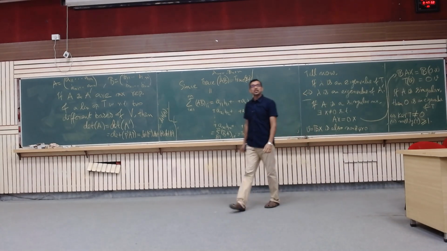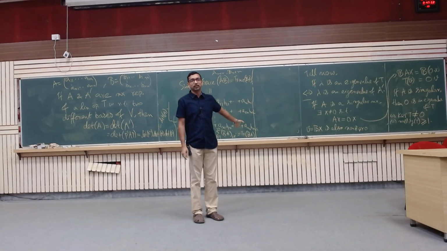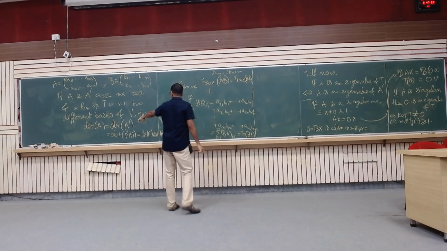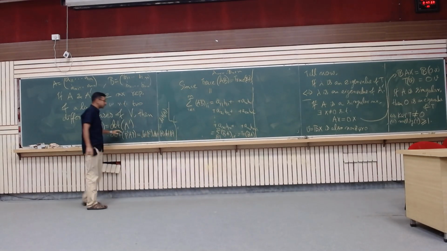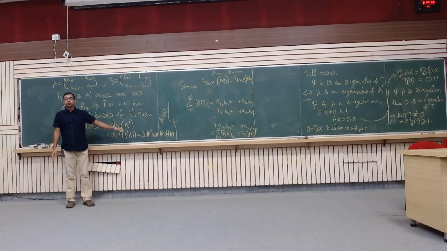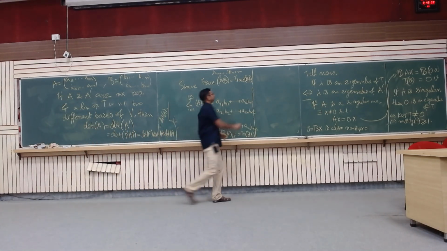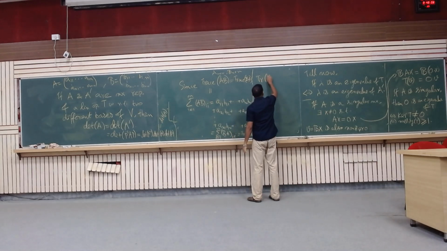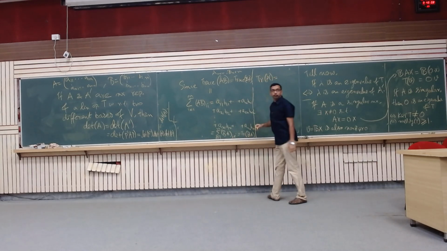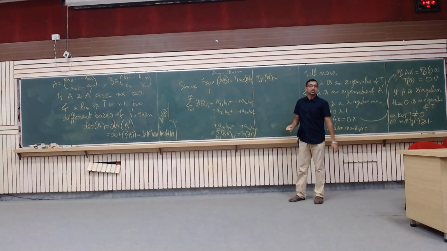So what is A and what is B? Then if we are trying to show that trace of A is equal to trace of A dash, we would like to write trace of A dash is equal to, yeah, now break it in two parts.